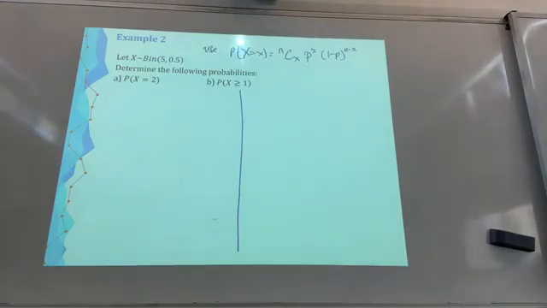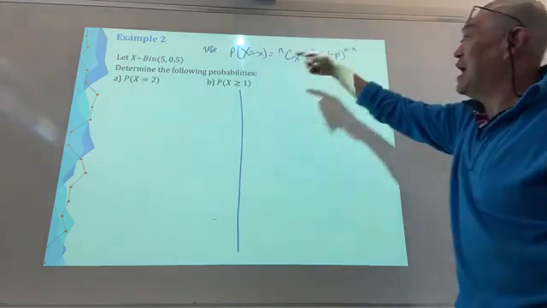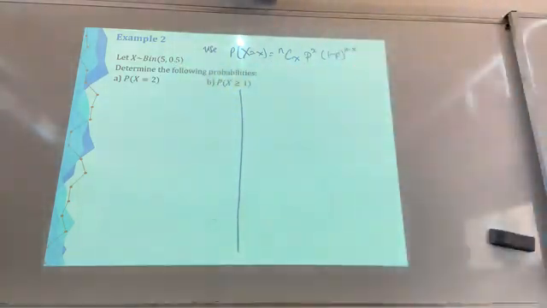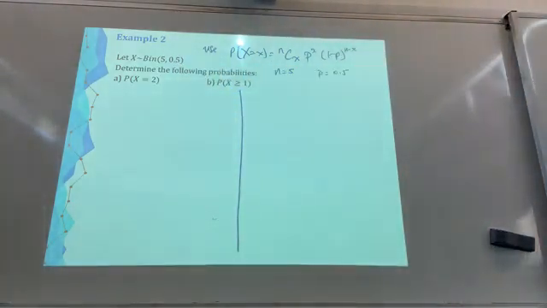So you need to remember this. And since this is given, you know that N is 5 and P is 0.5.